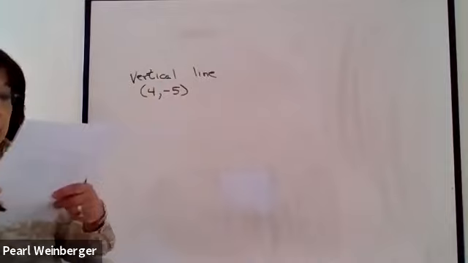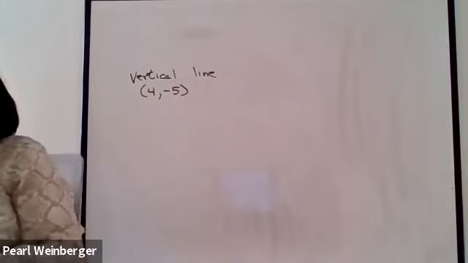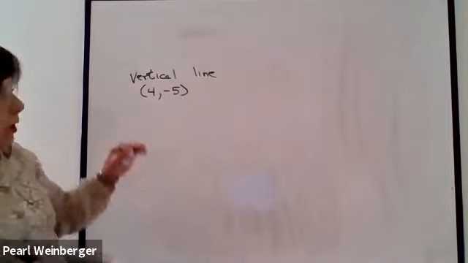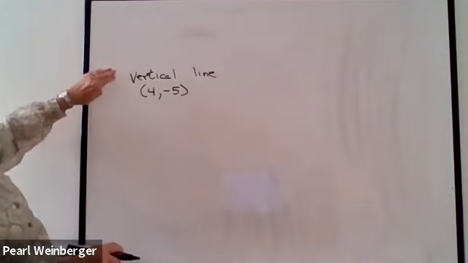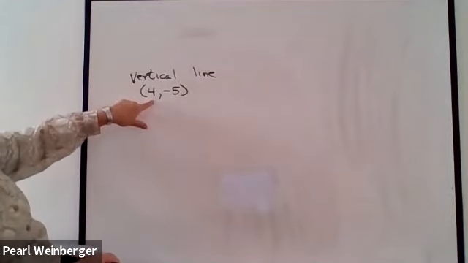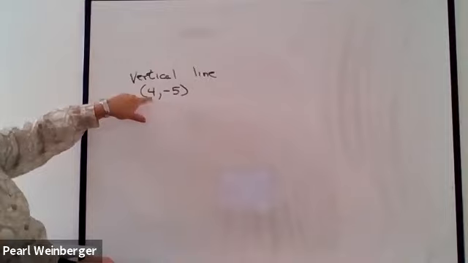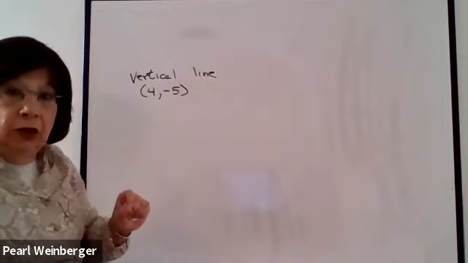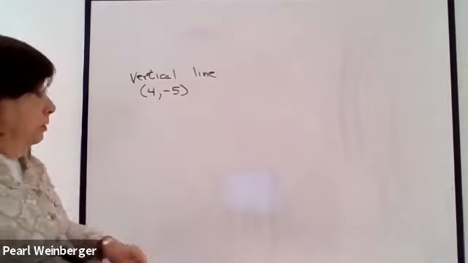And I also want you to state what is the slope of that line. So we have a vertical line that's going through the point (4, -5). We want to write the equation of the line and also give the slope of the line.